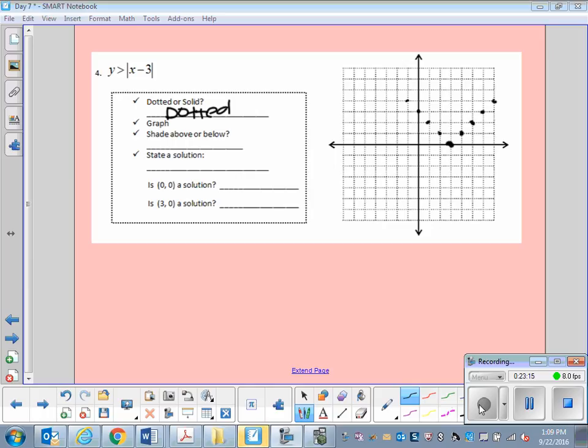Okay, I'm going to just trust that, because when Sarah walked around, she saw your papers. You said dotted, so I'm going to put dotted. Is that good? So do we shade above or below? Okay, so above this vertex.